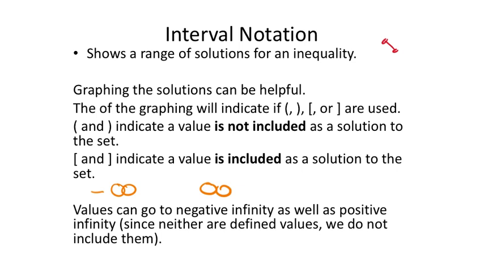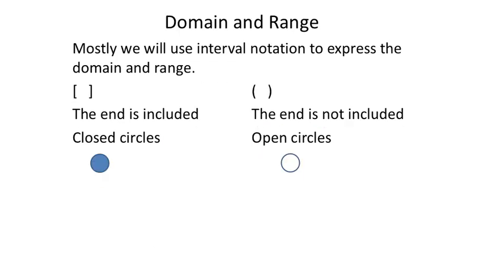But again, we will use parentheses if a value is not included. We will use square brackets if a value, I said that wrong. We'll use square brackets if a value is included. We'll use parentheses if a value is not included. That's what this is saying right here. So that brings us back to this slide. Again, square brackets means that we have a closed circle, which means it is included.